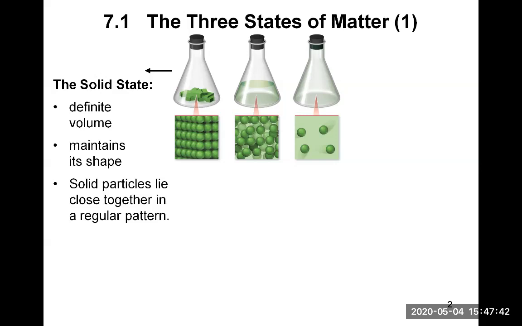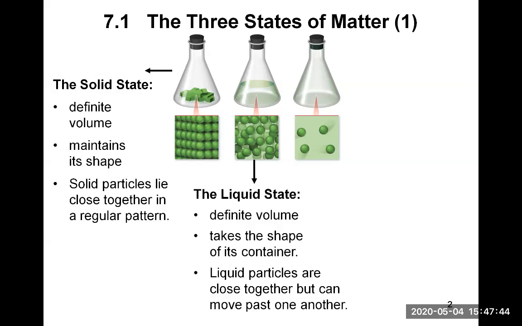And so they are held very strongly together, and that's why the solid keeps its shape and has a definite volume. In the liquid state, we also have a definite volume, but the liquid will take the shape of the container. So liquids can flow compared to solids. If we compare the atomic illustration, the liquid particles are close together again, but they can move past one another. So they can move around and rotate.